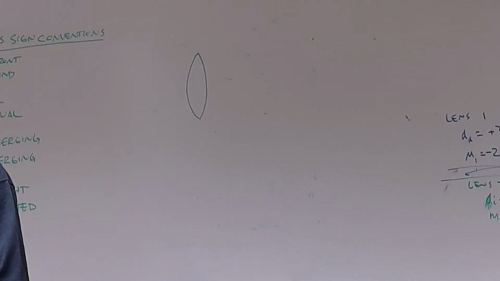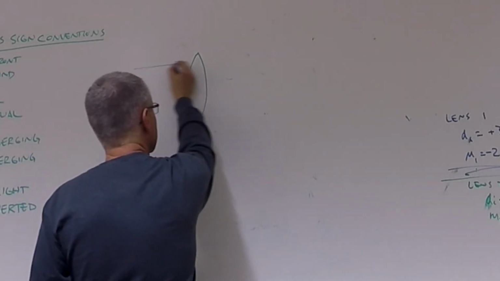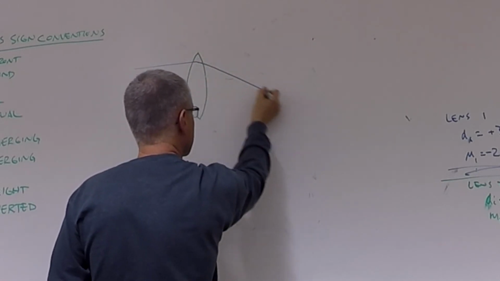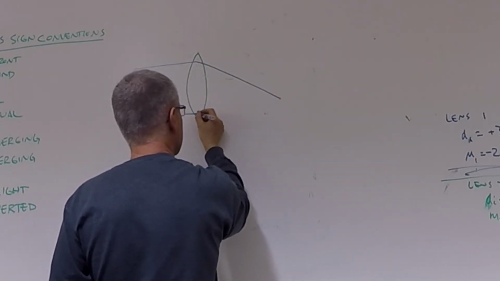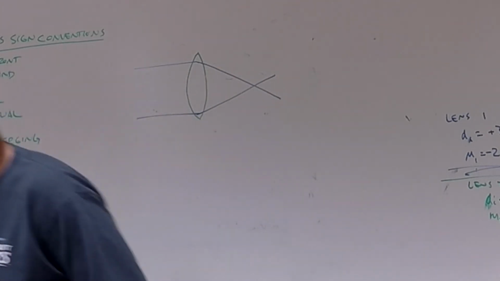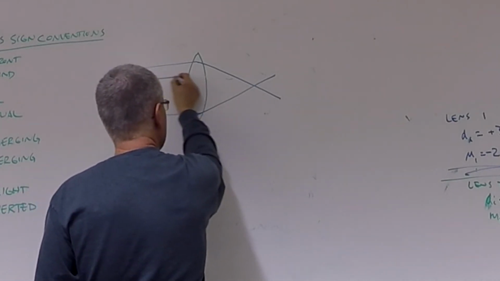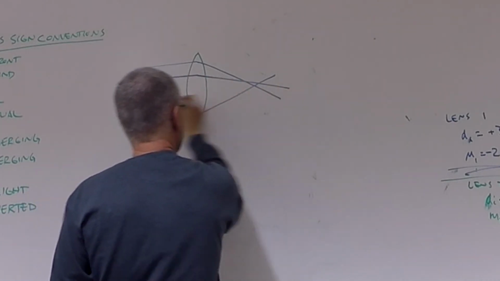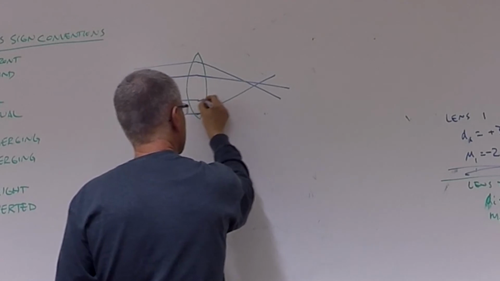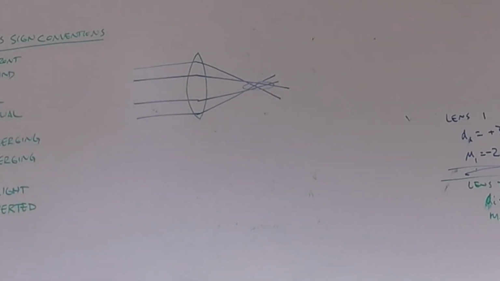But I've got a slight problem if this is truly a spherical lens. I don't remember which way these usually go. Is they don't cross in the same place.